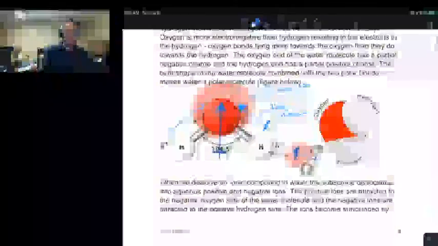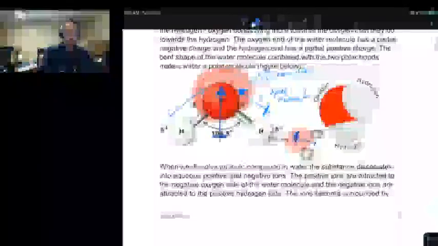When we dissolve an ionic compound in water, the substance dissociates into the aqueous positive and negative ions. The positive ions are attracted to the negative side of the water, and the negative ions are attracted to the positive side, and the ions become surrounded by water molecules, or hydrated.